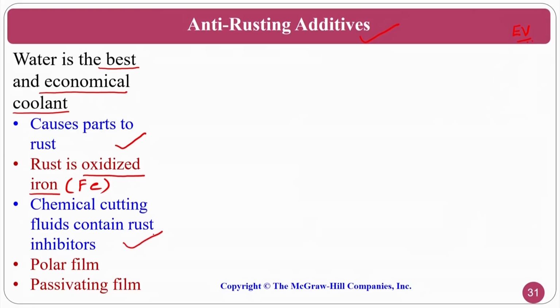Normally, whenever you purchase chemical-based cutting fluids, you will have inbuilt rust inhibitors. Rust inhibitors act in two forms: one is polar film formation and another is passivating film formation. What the polar film and passivating film are, we will see here.